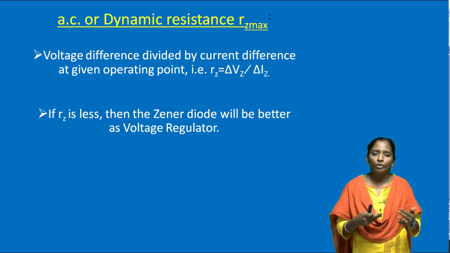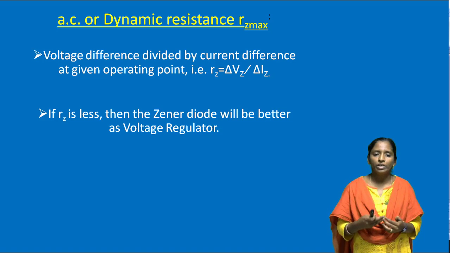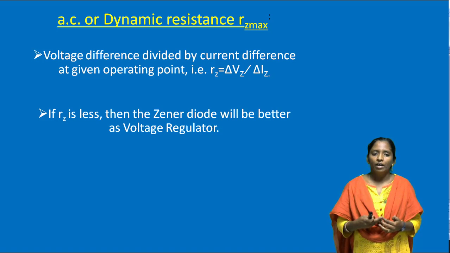The difference in both the values, the change in voltage to change in current, is called ACR dynamic resistance. It is represented as RZ maximum. If RZ is less, then the Zener diode will be better as a voltage regulator. If RZ is more, the voltage regulator is poor.